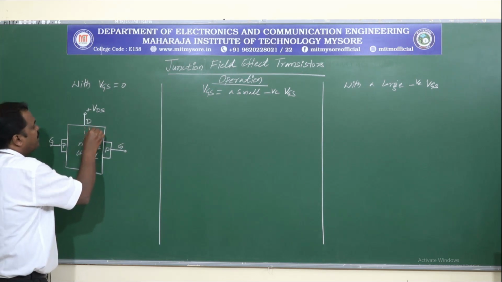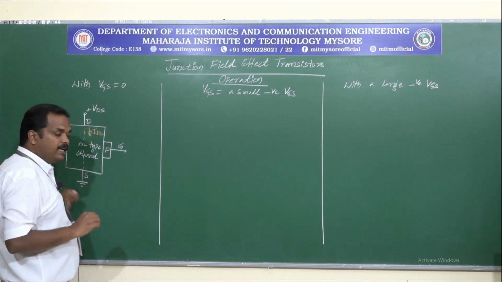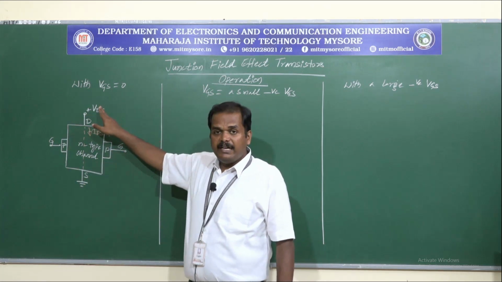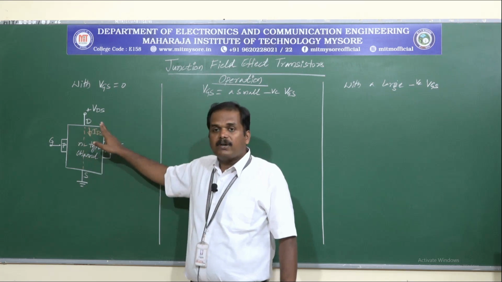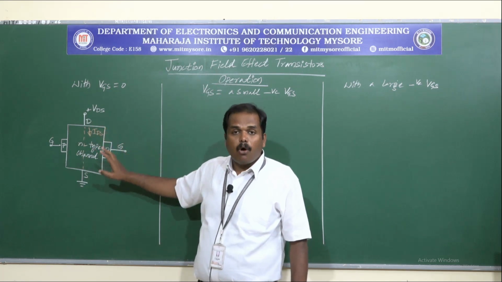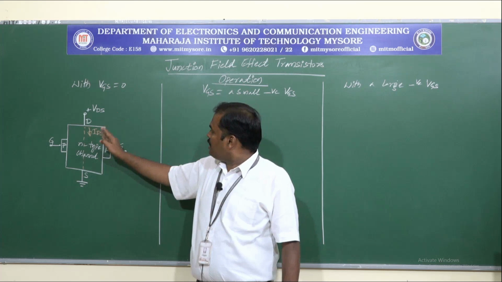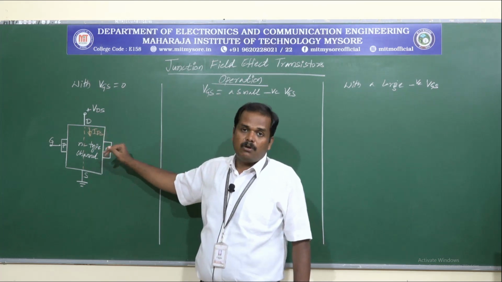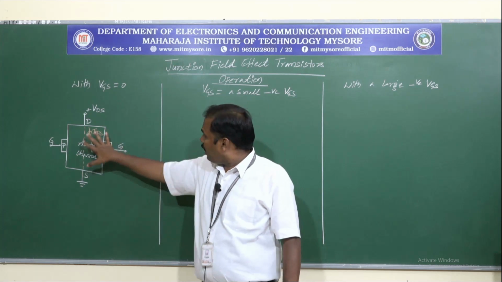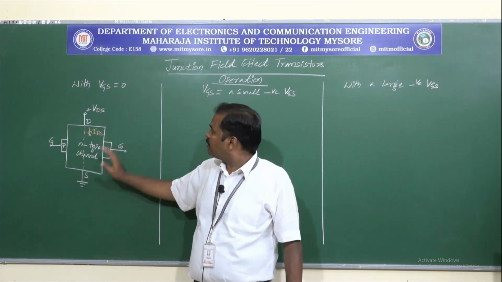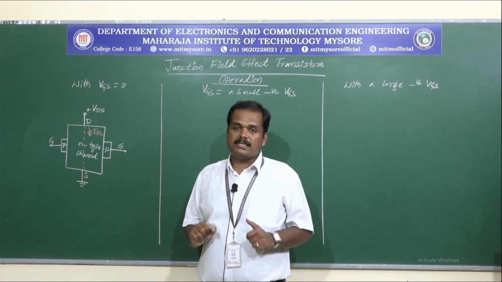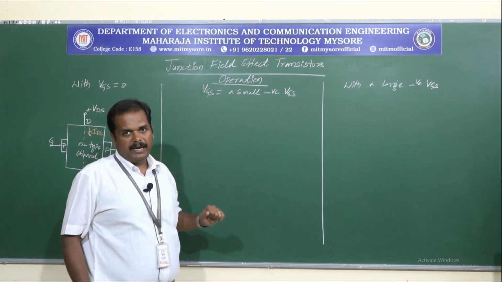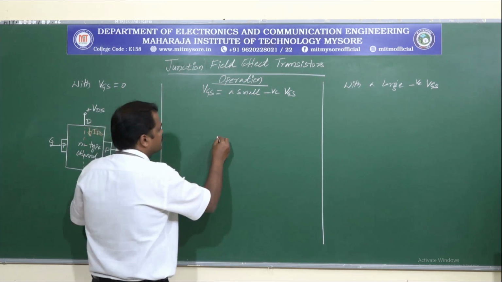So, we say there is a current IDS flowing in the device. As we vary VDS, the amount of drain to source current will also be varied. If we decrease VDS, IDS will decrease. If we increase VDS, IDS will also increase. So, this is how the N-channel JFET works with VGS equal to 0. Now considering a small negative VGS applied. So let us rewrite this diagram.